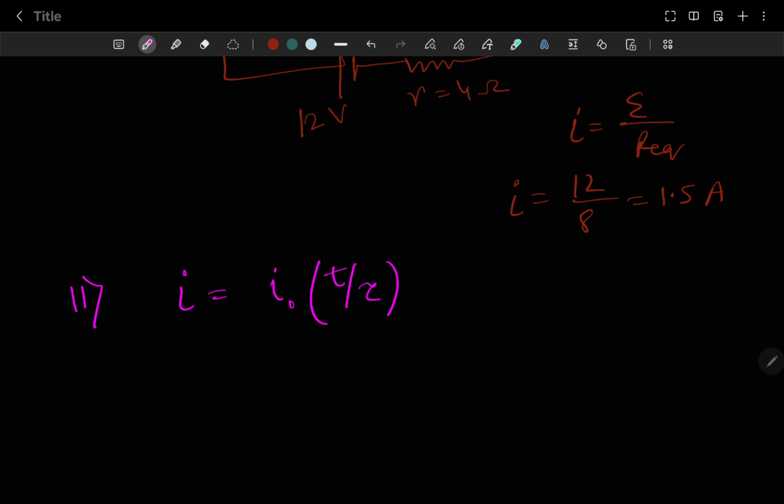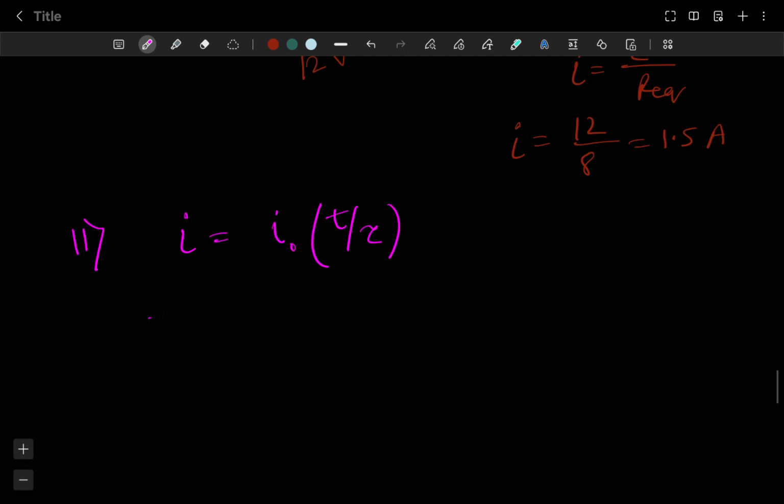So they asked you to calculate the RMS current for the period 0 to tau. So first let us calculate the mean square current. Go to the general definition: it is integral I squared dt by integral dt from 0 to tau.